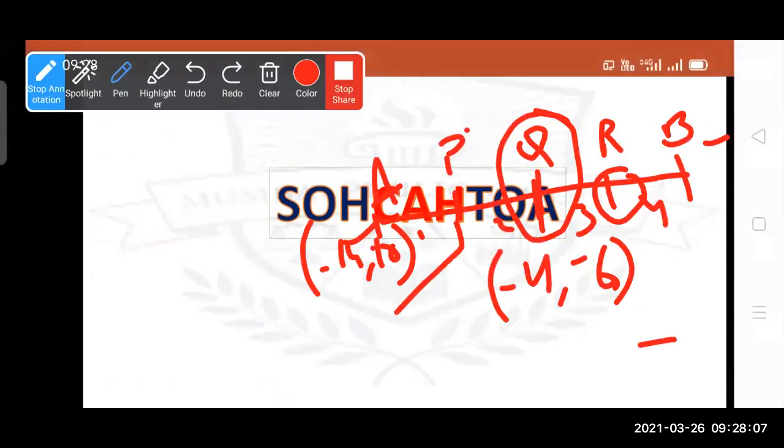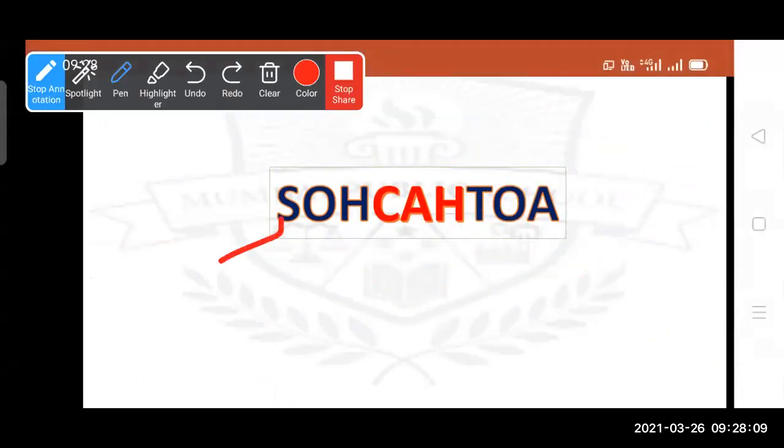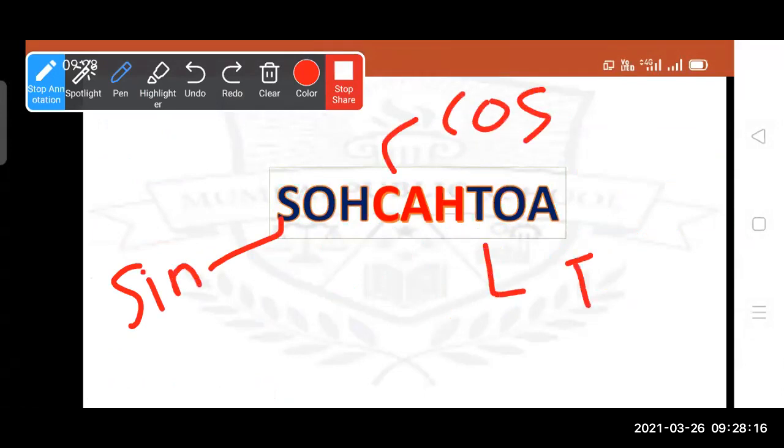So see, first, that is S sine, C cos, T tan. Okay, so we find sine is the ratio of the opposite side to the hypotenuse.